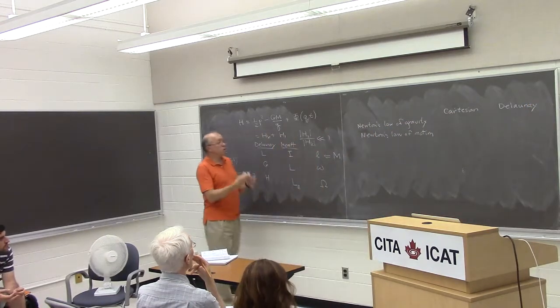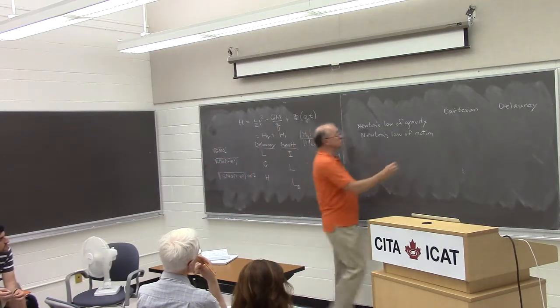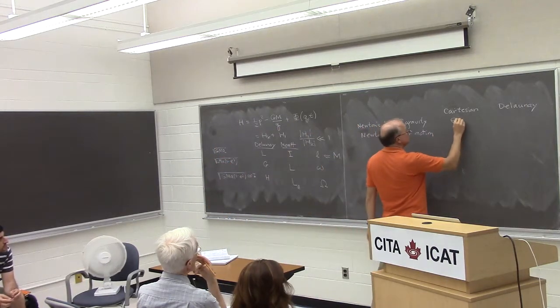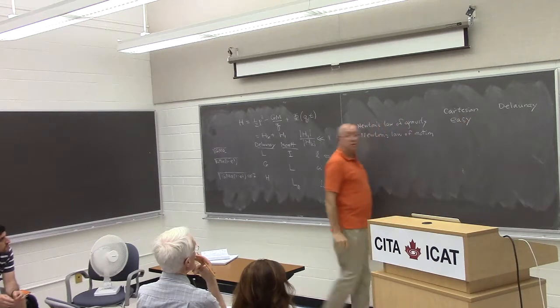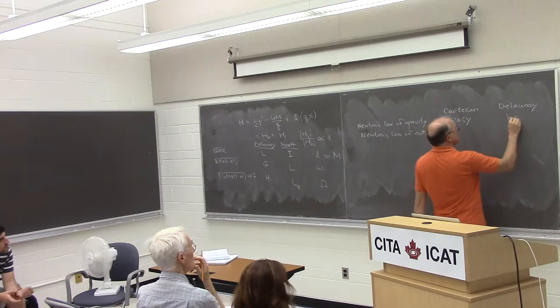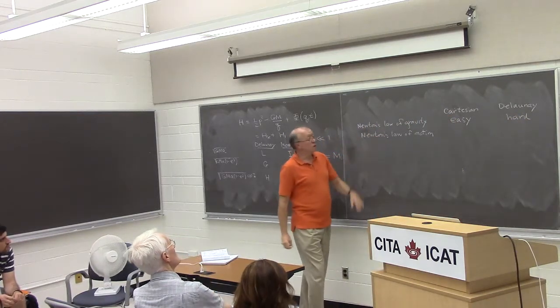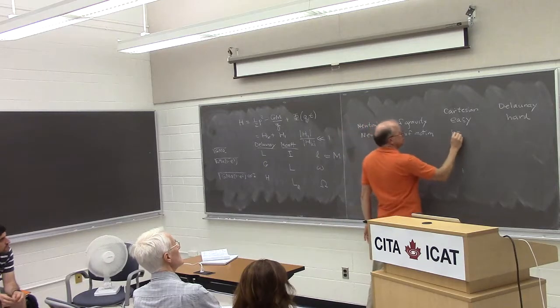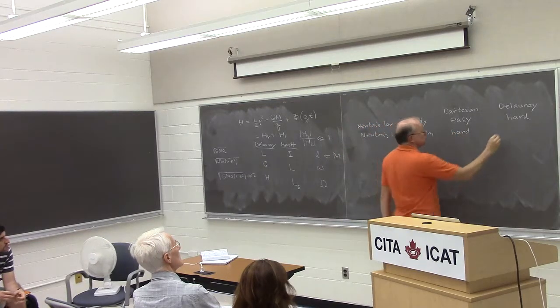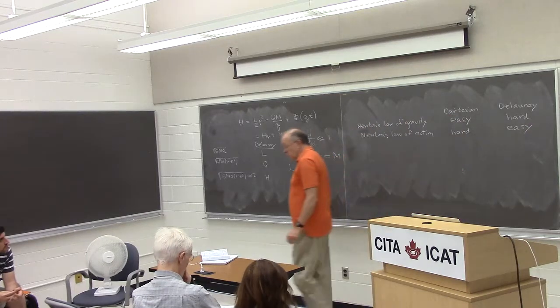If you want to solve Poisson's equation, that is, if you want to find the potential that arises from a mass distribution, you clearly want to use Cartesian coordinates, because it's relatively easy in Cartesian coordinates, and really hard in Delaunay coordinates. If you want to solve the laws of motion, that's using perturbation theory, that's really hard in Cartesian coordinates, and relatively easy in Delaunay coordinates.